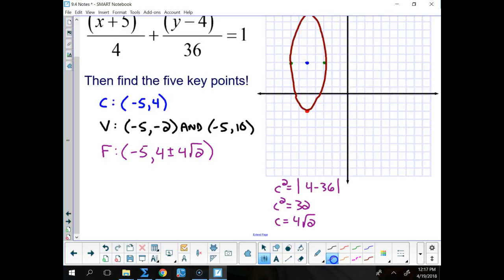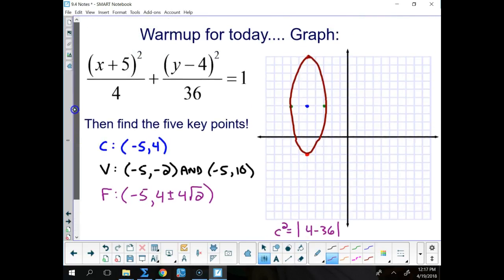Sarah, are we done? Why not? Well, because what did we have to do in this problem? We had to graph it, right? So we graphed it. We had to give our 5 key points, right?